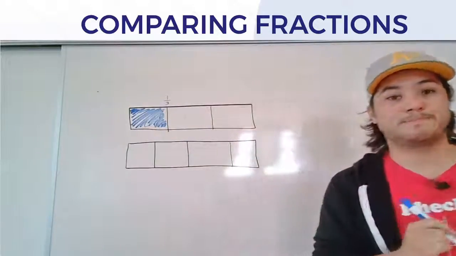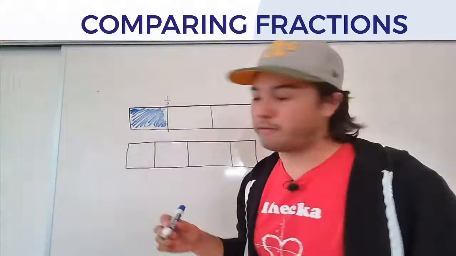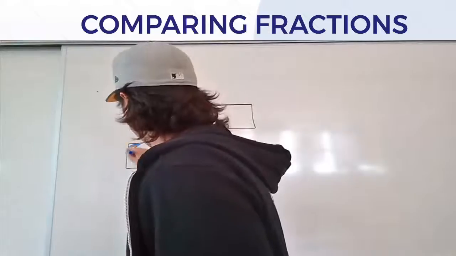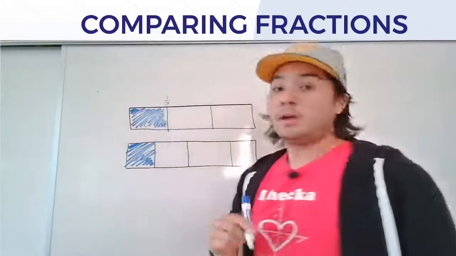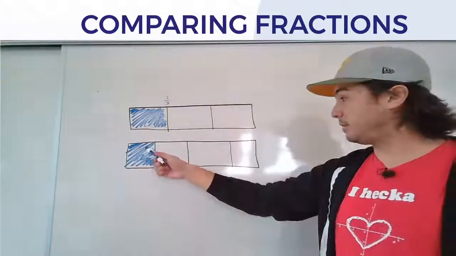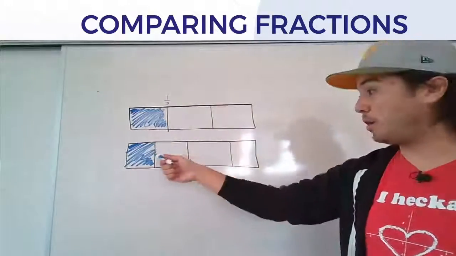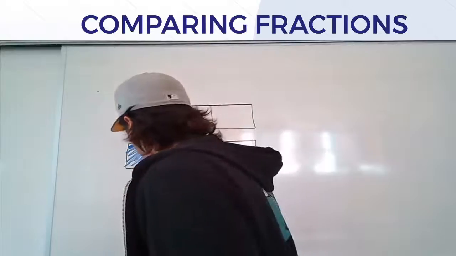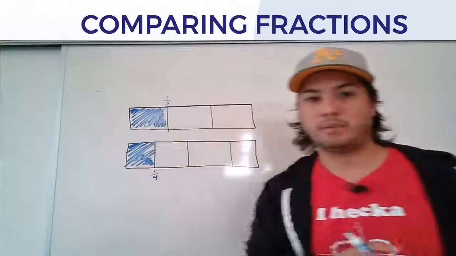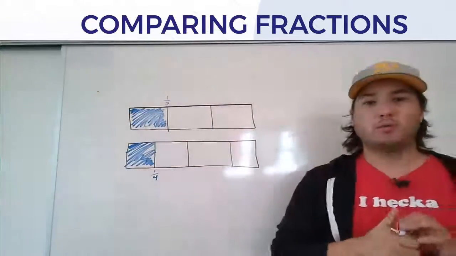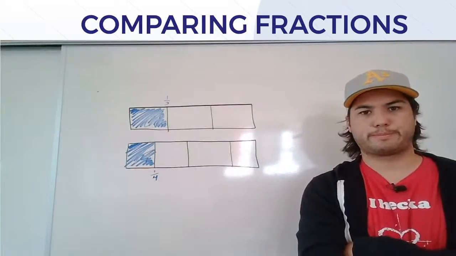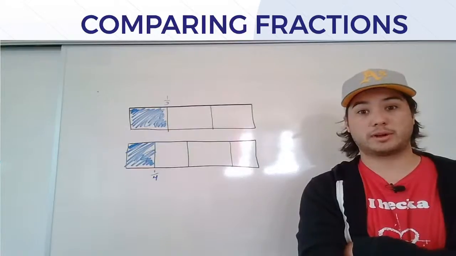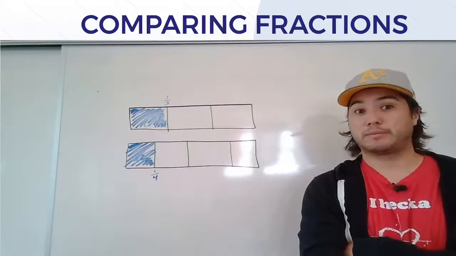And then down here, we can take 1/4. 1 divided into 4 equal pieces, and we've got 1 of the pieces, or 1/4. And you can just see visually which one of the pieces is bigger, which one has more value. Exactly. Our 1/3 up there on the top is a bigger piece.